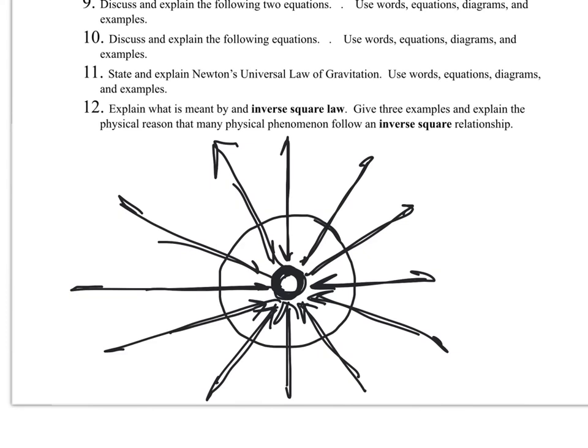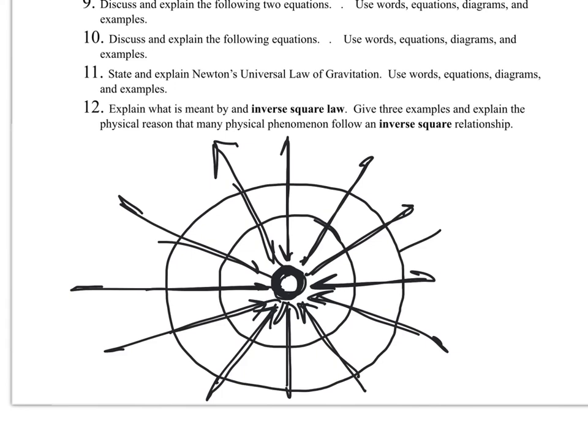And if we go twice as far away, 20 centimeters away, that hollow sphere that the light is spread out over has 4 times more surface area, right? Because the surface area goes as the square of the radius. The surface area of a sphere is 4 pi r squared.